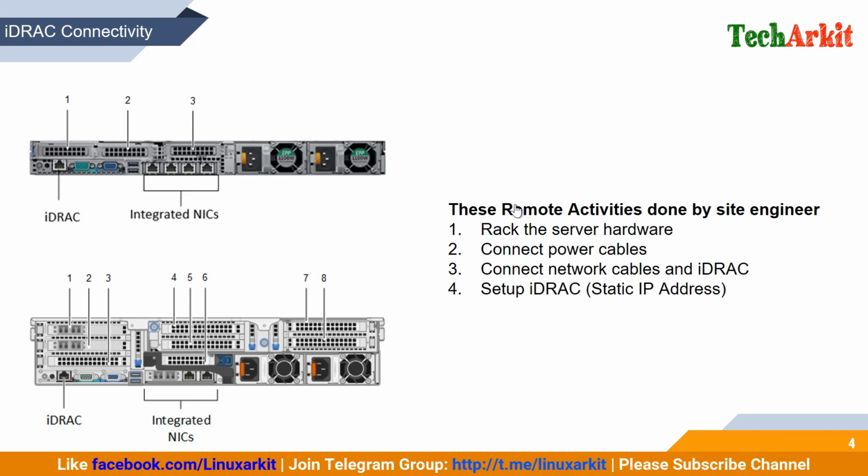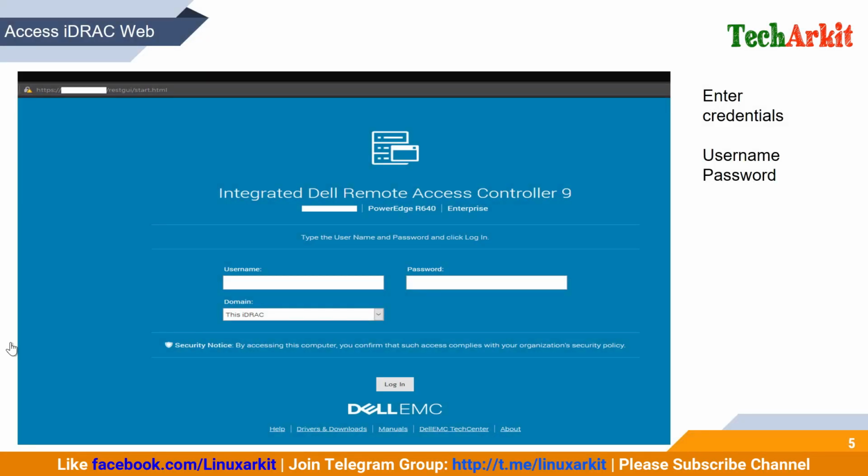I will show you where exactly the iDRAC connectivity or the iDRAC module is inserted. You can see over here, this is the iDRAC connectivity. This is a separate network cable, you have to connect it and you can reach that server. Whenever you type in the browser the IP address of the newly installed server, you get this integrated interface.